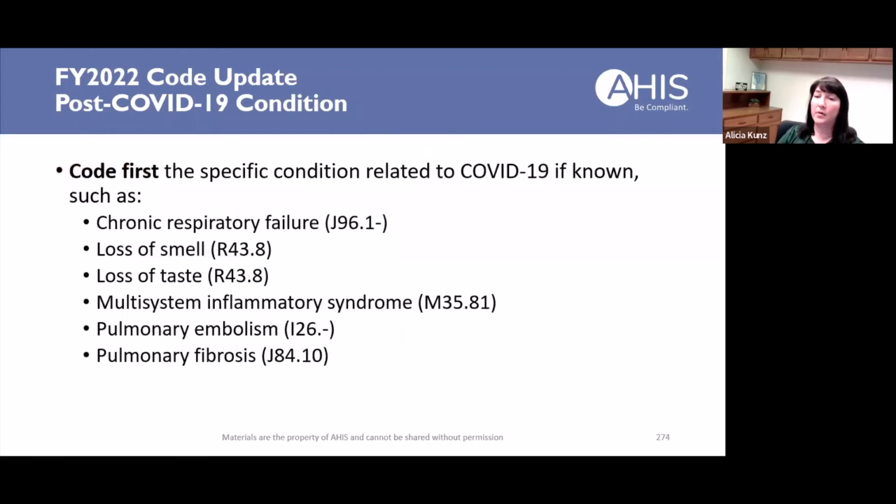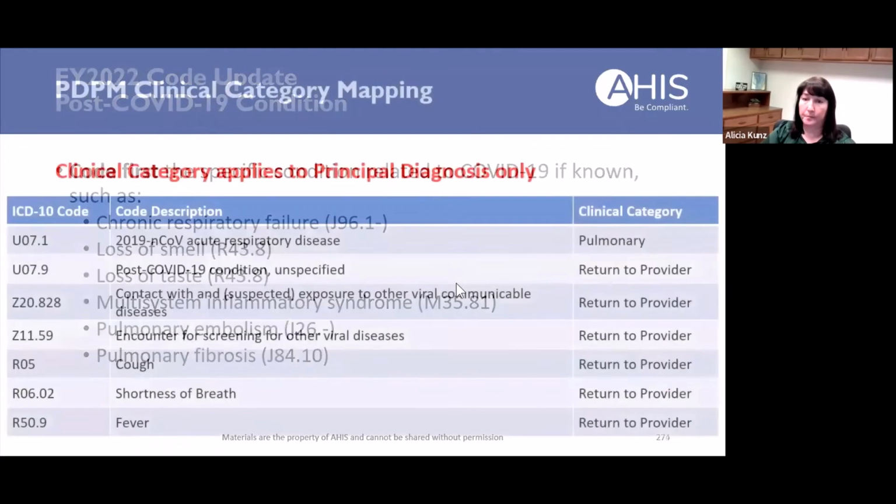Here are some examples: chronic respiratory failure, loss of smell, loss of taste, multi-system inflammatory syndrome, pulmonary embolisms, and pulmonary fibrosis. We do know that pulmonary emboli is one of those things that seems to come along for some people with COVID. So code first the condition, then that post-COVID condition code.